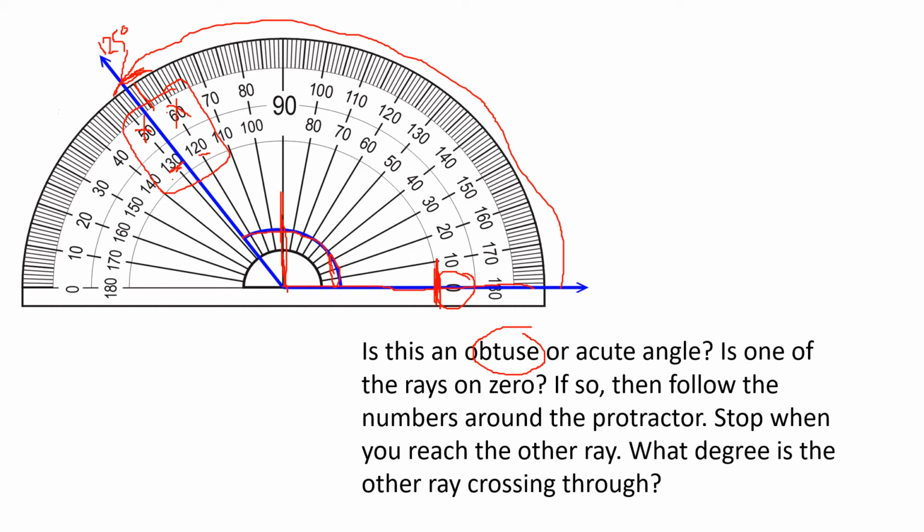So we're going to have to count by ones until we get to our ray. So if we're at 125, 126, 127. So this angle measures 127 degrees. Is that an obtuse measurement? Yes, it is, because 127 is greater than 90 degrees.